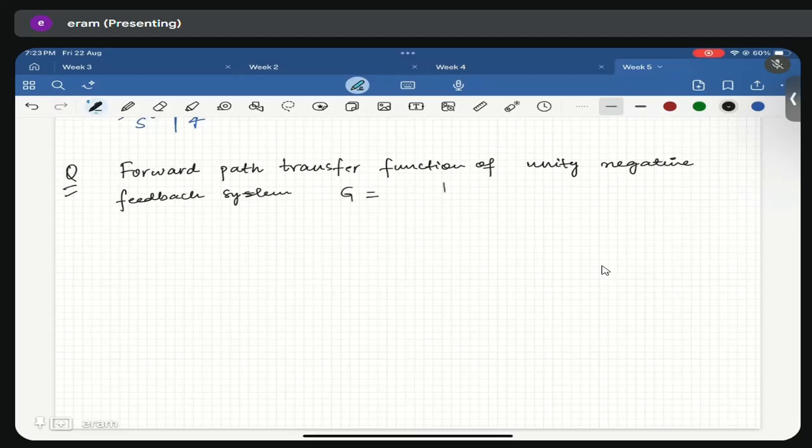So G is given as K by (s plus 2)(s minus 1).